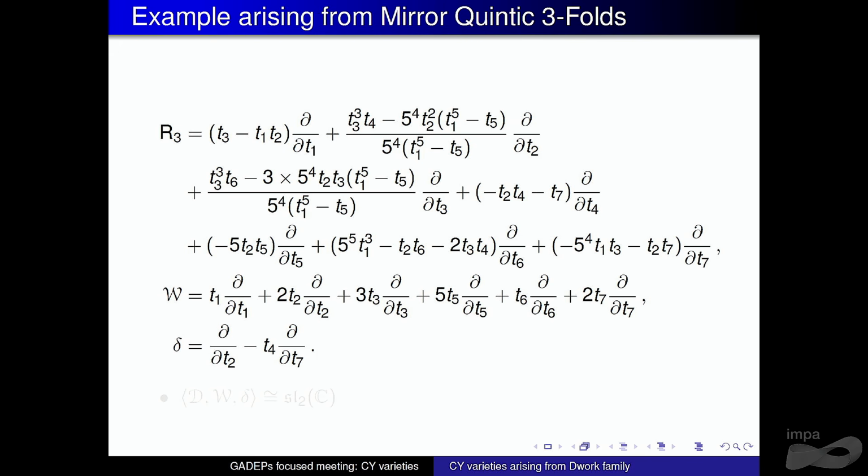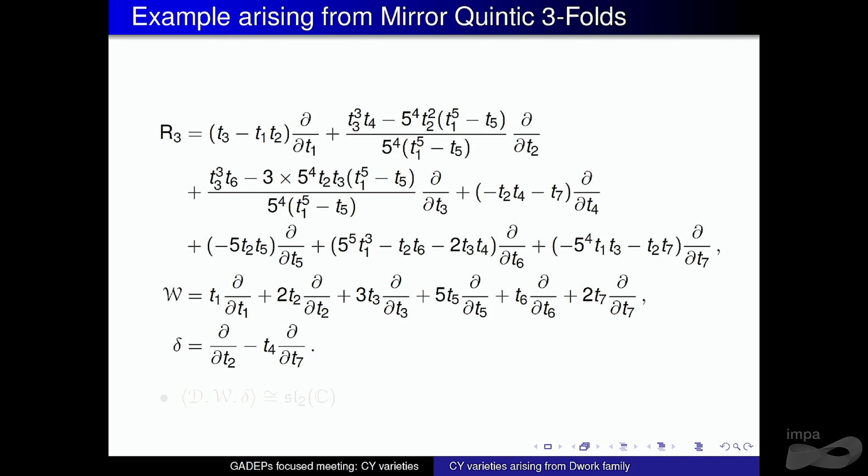Here I'm giving another example. This example is coming from the mirror quintic. In the case of the mirror quintic, we find this derivation. If we look at these derivations in a graded algebra, they are derivations.